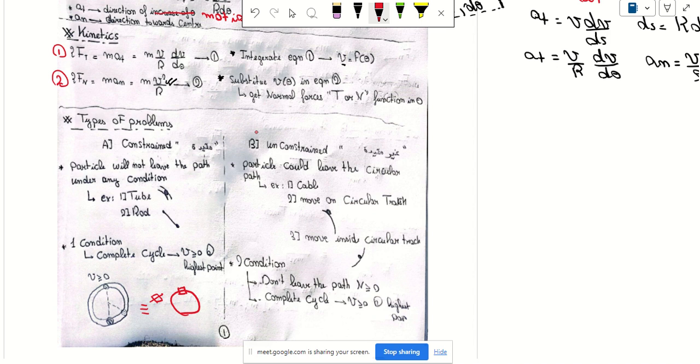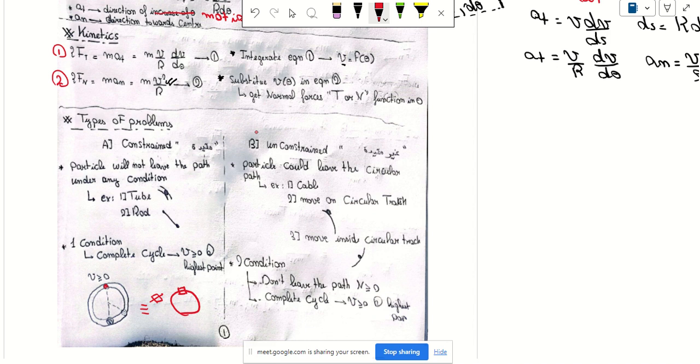In order to complete a whole cycle in the constrained condition, we just need to translate this into a condition that v must be greater than or equal to 0 at the highest point. Why this? Because if v is greater than or equal to 0 here, and again v is a speed, then even if it barely reaches the point, just a moment after it reaches the point, it would fall again under gravity, because here we are talking about vertical circular tracks.